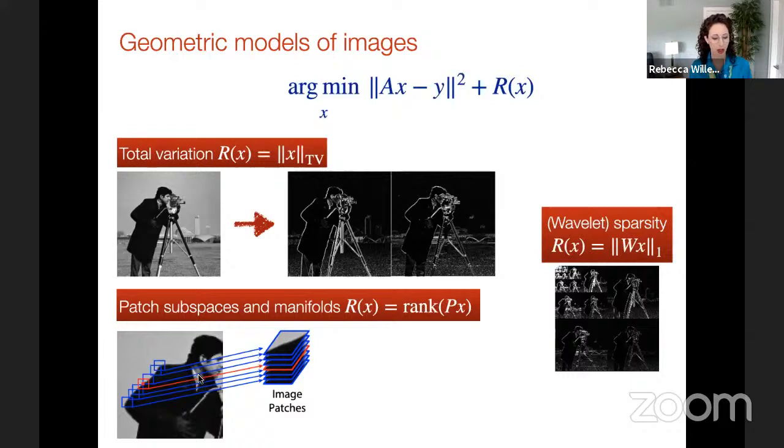And yet still other methods have said, if we were to take an image and split it up into patches, then a lot of times there's a lot of redundancy or structure among those patches, and we can exploit that to build alternative regularization functions. So in all of these approaches, we start off by thinking about some sort of geometric interpretation of the structure and the content of images, and use that to build a mathematical model that we can use to form a regularizer.